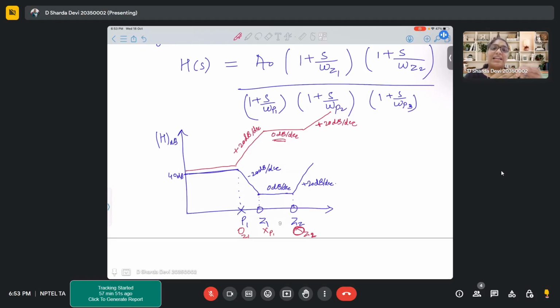The actual result will be minus 20 dB per decade, because plus 20 and minus 40 resultant is minus 20. That resultant has to be drawn in the Bode plot. That is something that needs to be kept in mind. We always have to get the resultants first. Okay, any other doubts?